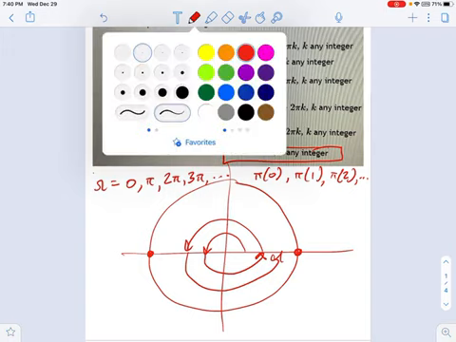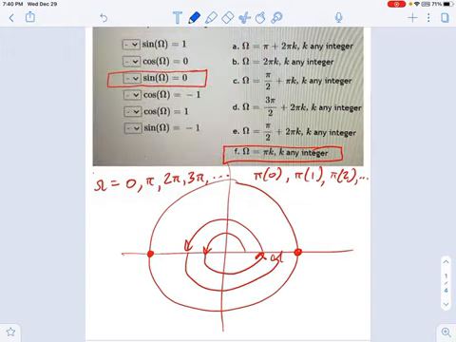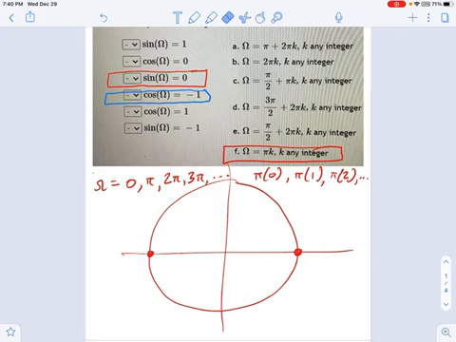Let's try cosine next. I'm going to try cosine equals -1. Okay, and I want to erase some things from this that aren't so useful anymore. So cosine equals -1. Cosine is my x value. So -1, oh look, I'm over here. Same spot again.